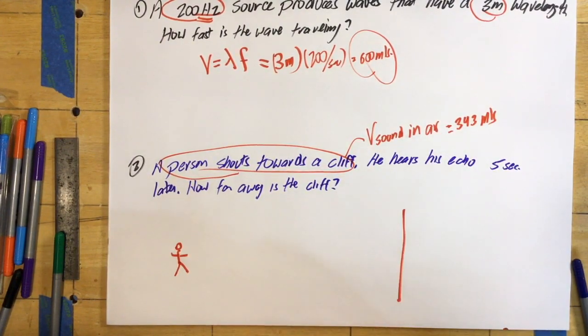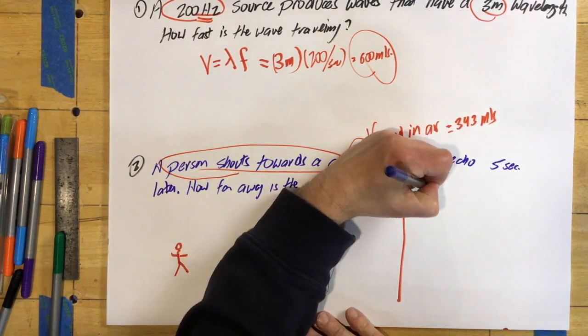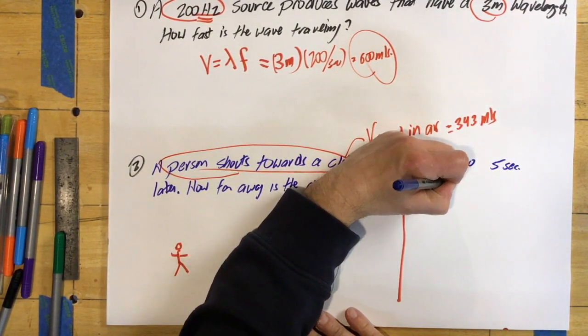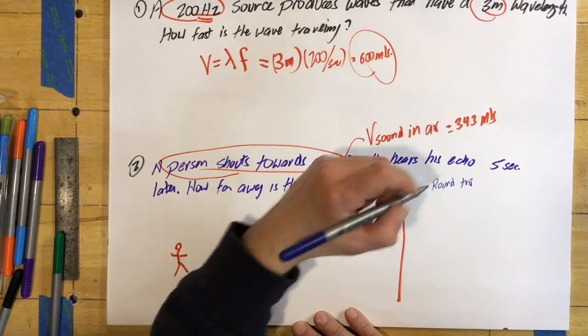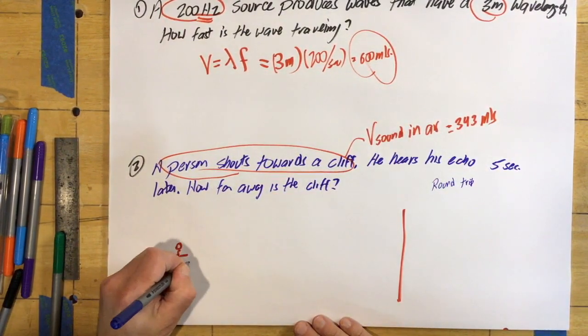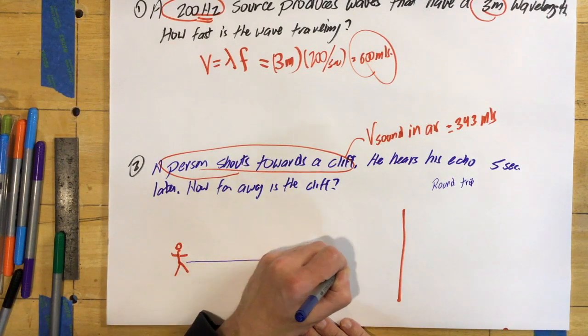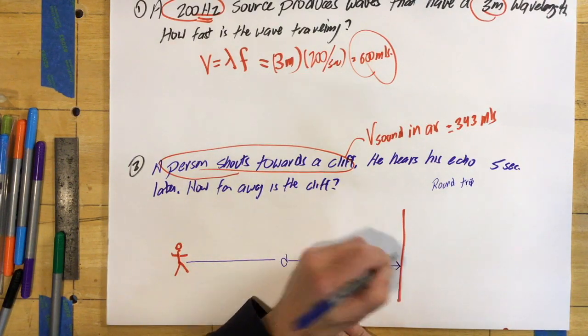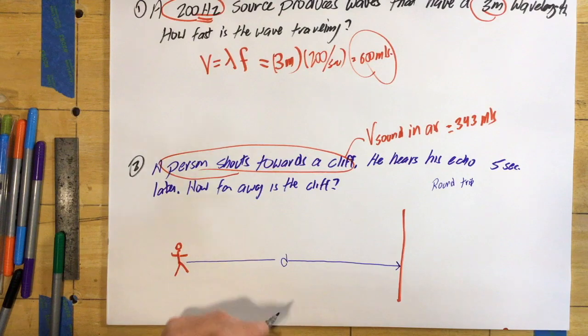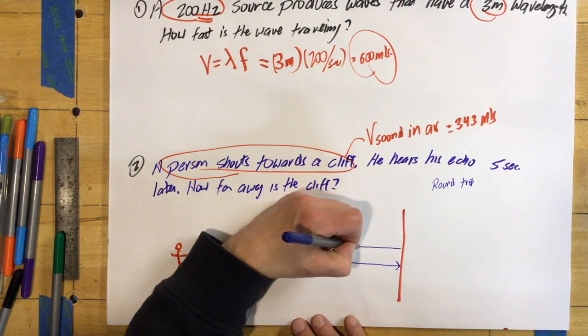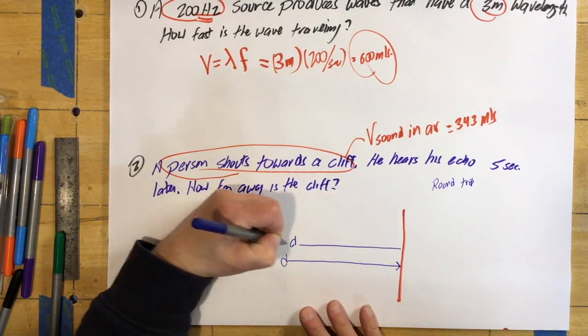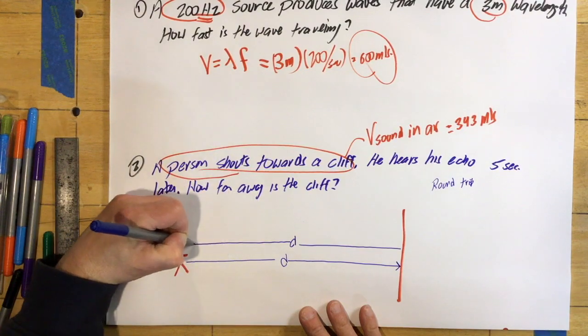So what you want to do is think about what's happening here. Any kind of an echo is going to involve a round trip. So what that's going to mean is when he shouts, his voice is traveling out to a distance d away from the cliff, and then the echo is going to come back. It's that same distance.